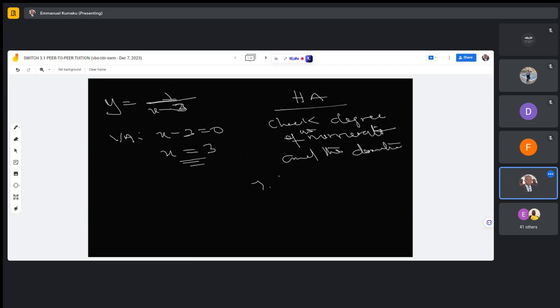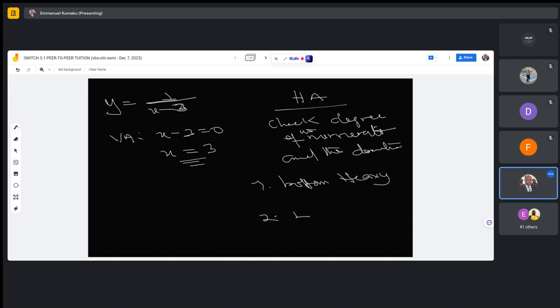You can have bottom heavy. Bottom heavy means the degree of the bottom is more than the degree of the top. And then you can also have number 2.